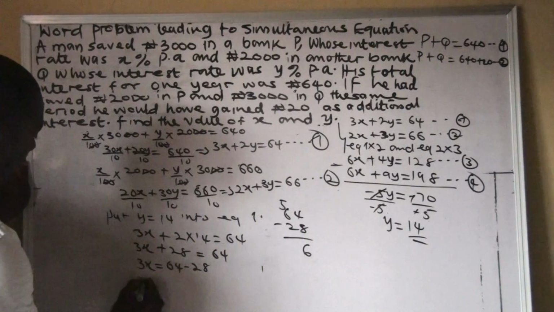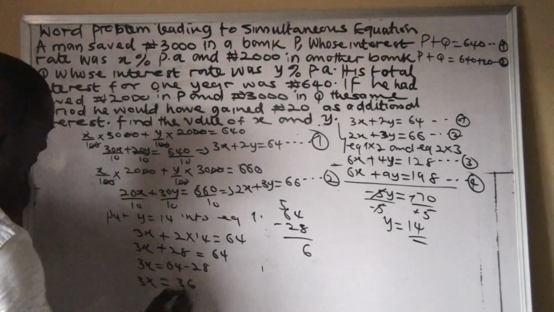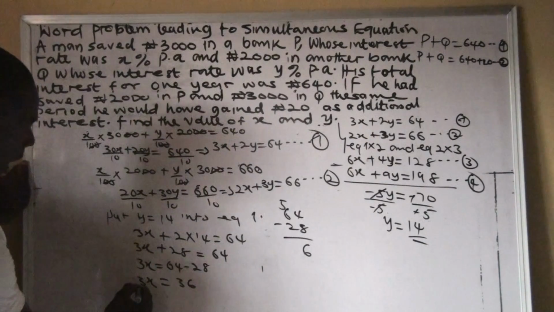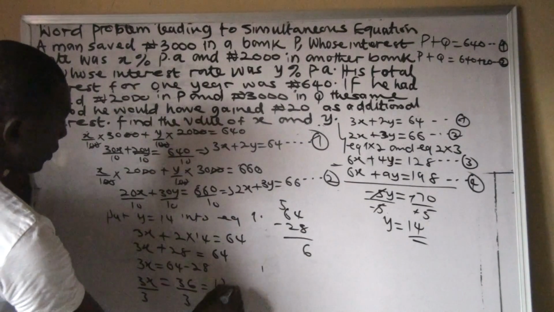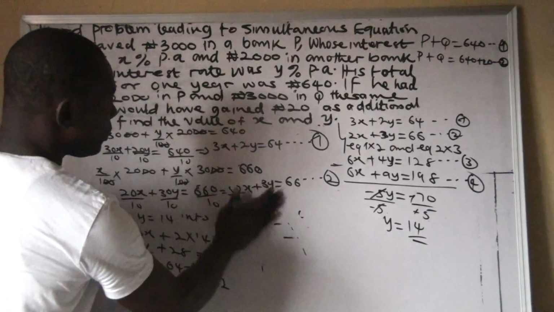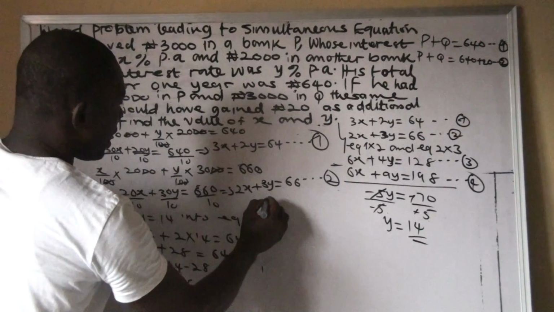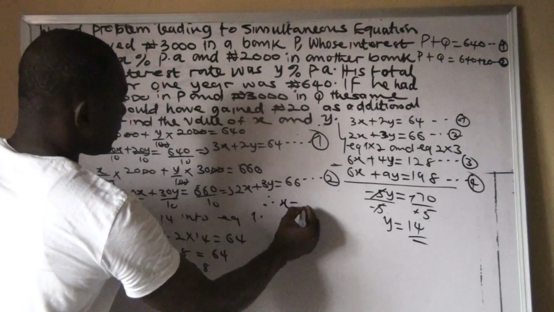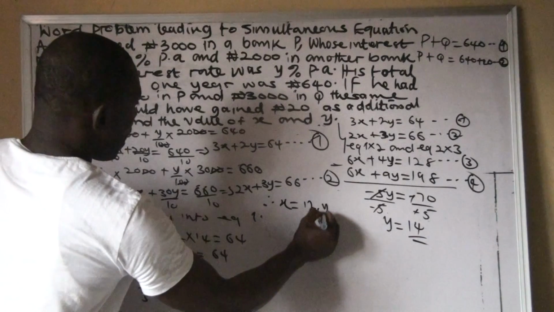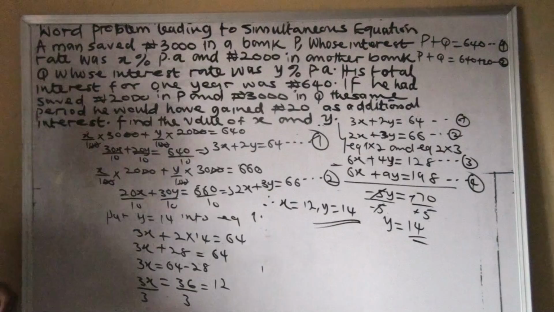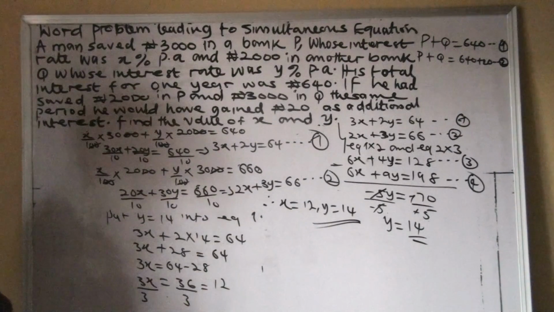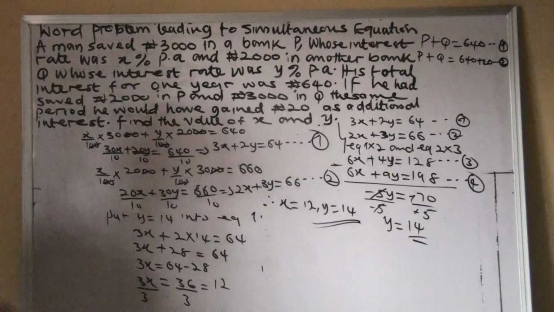That means 3x is equal to 36. So the next thing is to divide both sides by 3, the coefficient of x. So x will be 12. So here we can see clearly that the value of x is 12 and y is 14 respectively. So this is how to resolve a word problem that leads to simultaneous equations.